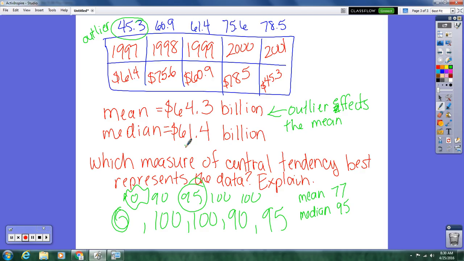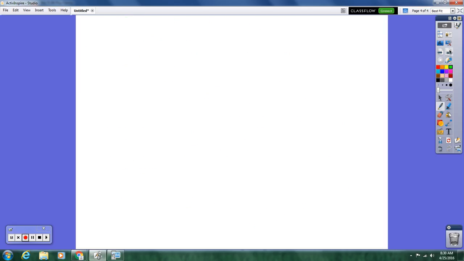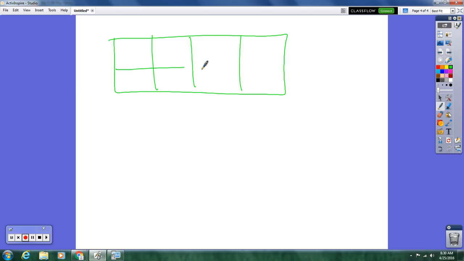Well, here's the school one. Okay, so this one says the percent of fourth grade students reading at or above proficiency. So 1992, 1994. So there's 4 years' worth of data.